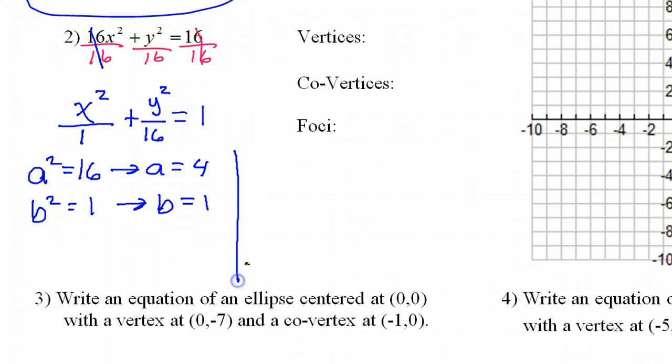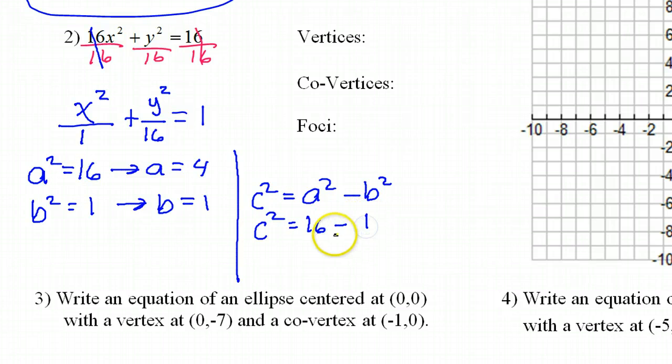Maybe I'll do this off to the side. So for c, I know that c squared is equal to a squared minus b squared. That means c squared is equal to 16, right? That was my a squared, minus 1, b squared. So c squared is equal to 15, and then I will take the square root of both sides.